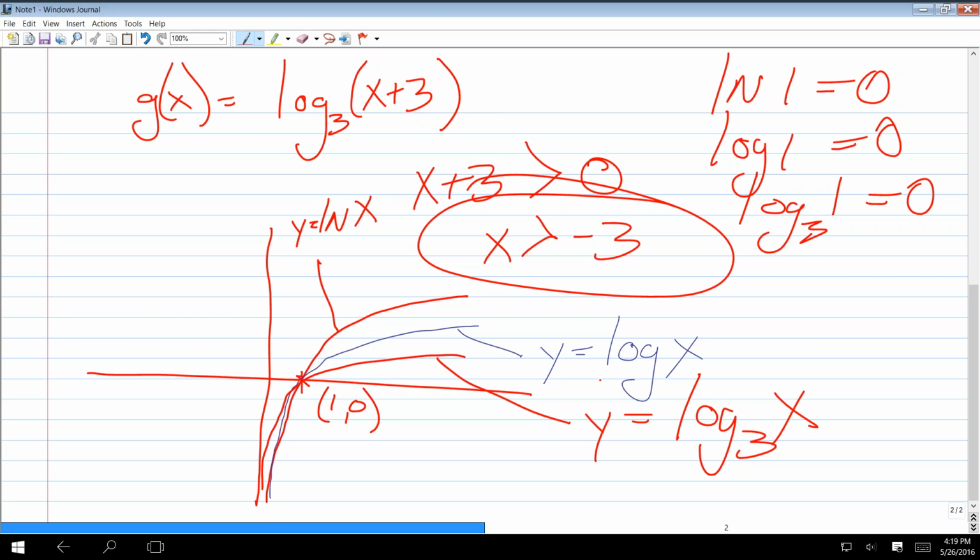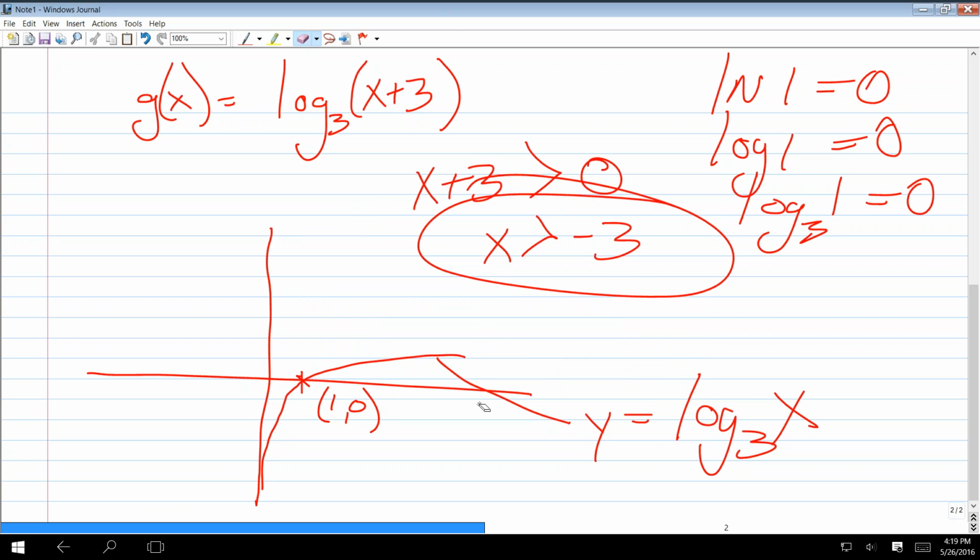Okay. So each of these three functions that I graphed look very similar. If I were to erase the other two, you'd have a hard time telling which was which, because the key point they go through is all the same, 1, 0. Okay, so I'm going to erase two of them. And the one I'm going to leave up there is going to be y equal log base 3 of x.